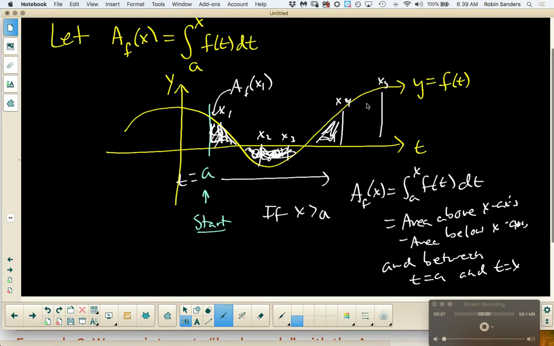And if I have an x value like this one here, this would be t is equal to x.